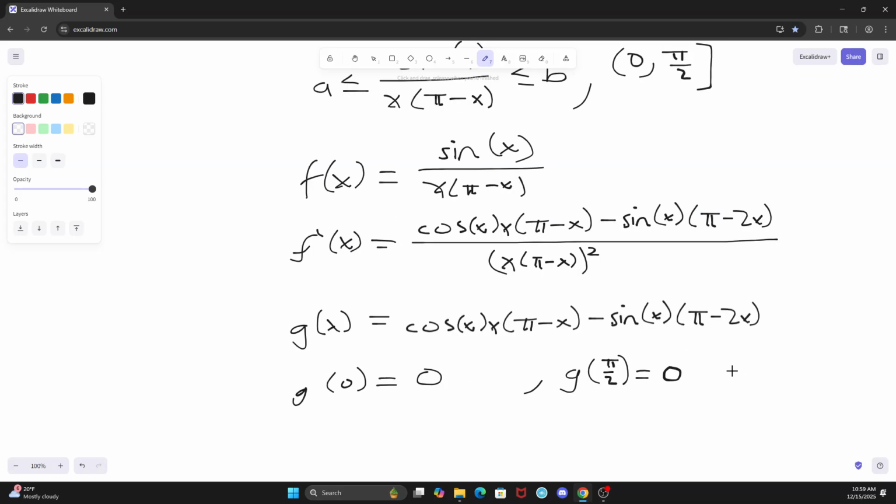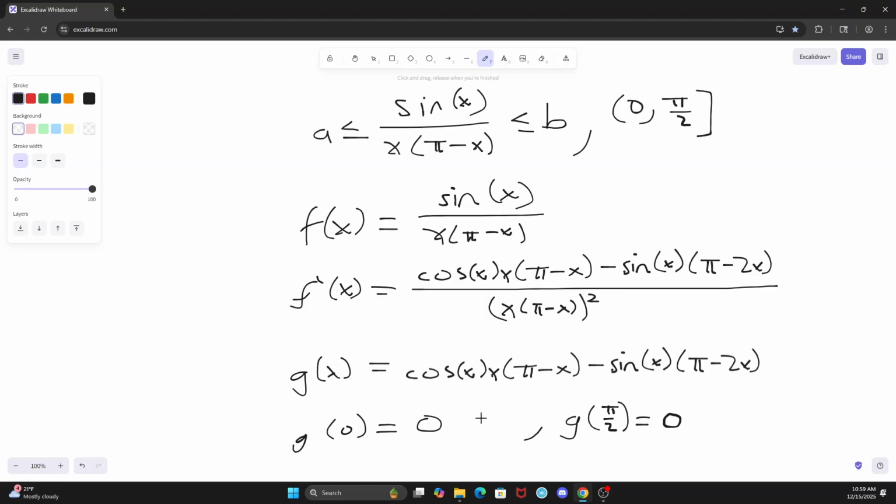And so a very greedy idea is to wishfully think that maybe g is completely positive on this interval, right?